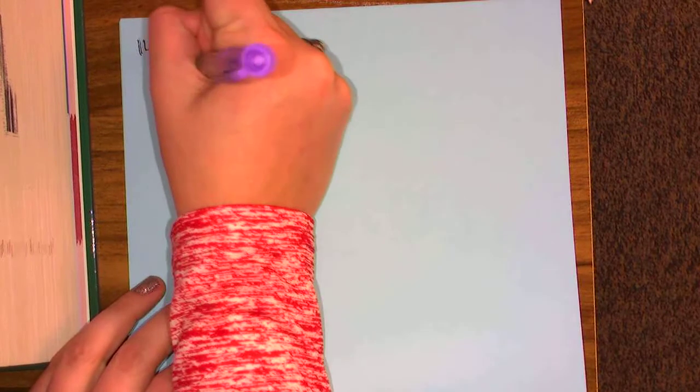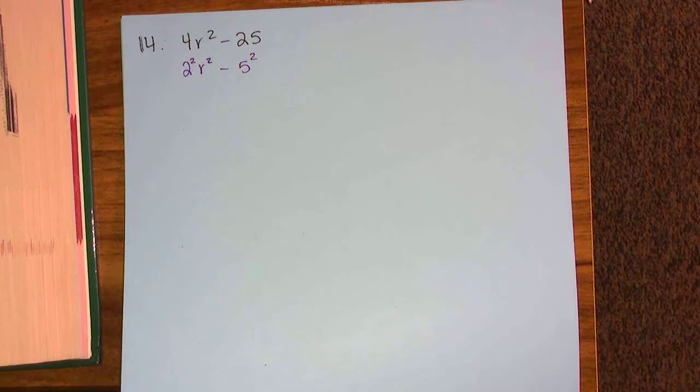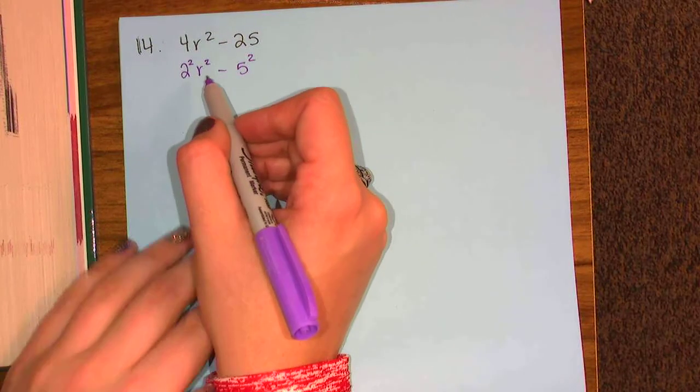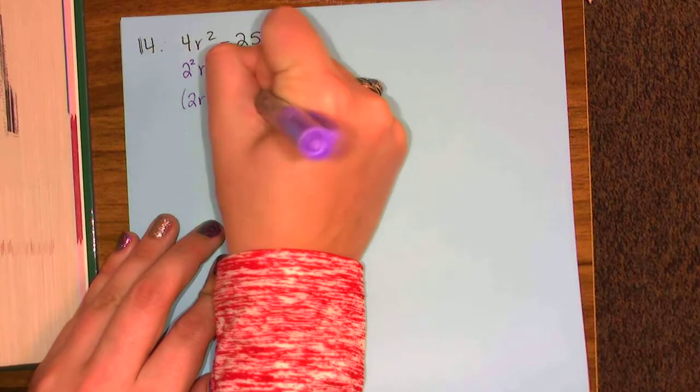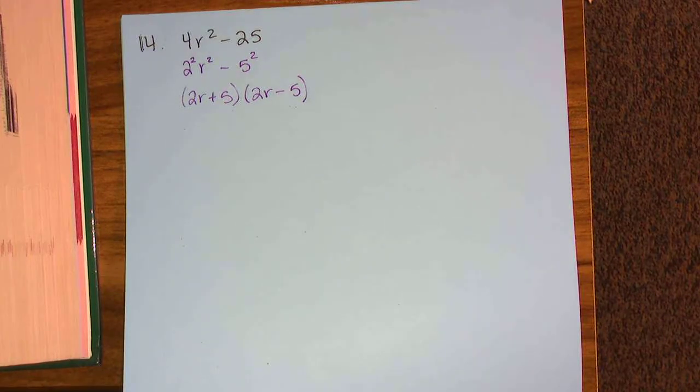This is going to be 2 squared r squared minus 5 squared. So this is a difference of squares, so I'm going to have 2r plus 5, 2r minus 5. And I'm done. You don't have to do anything else with those ones.